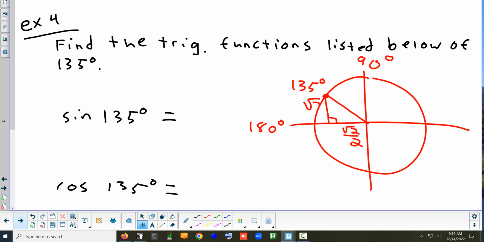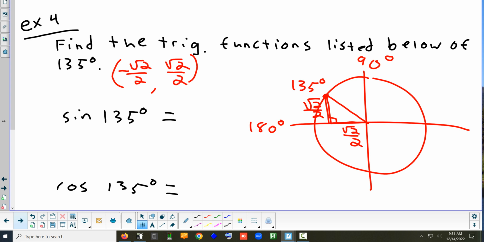Yep, both of them are root 2 over 2. Now we just have to be careful when we write the coordinate because we went left and up. Left, up. So what's going to be the coordinate for 135? How far left and how far up? Negative square root of 2 over 2, and then square root of 2 over 2.